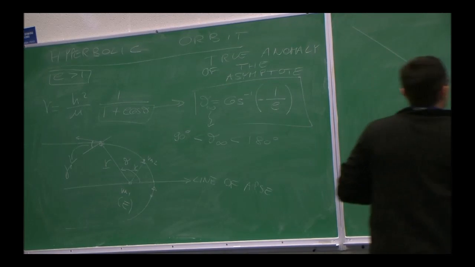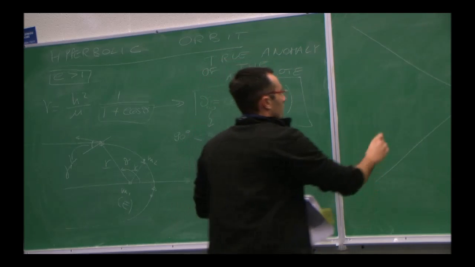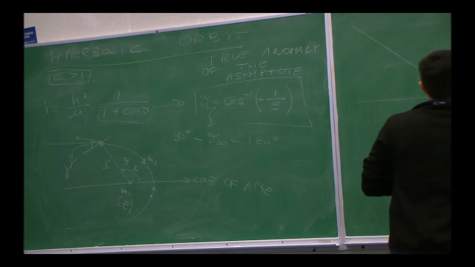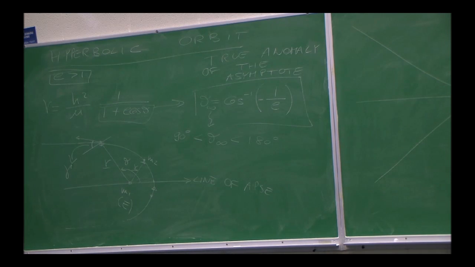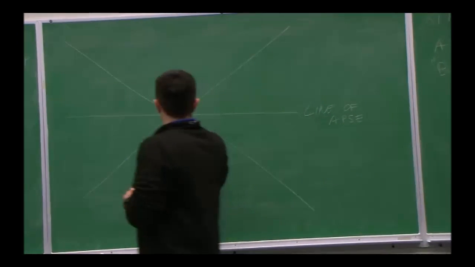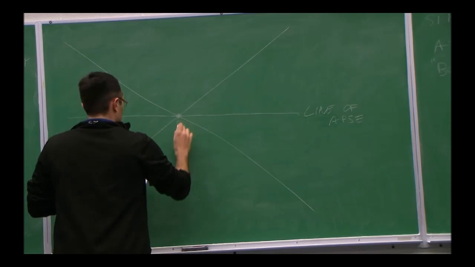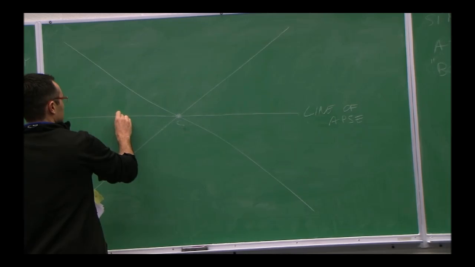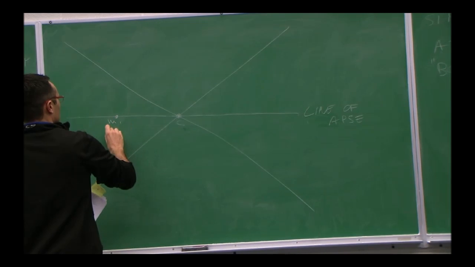So I have the two asymptotes here. This is my line of apsides. This point here in the middle, call it C. The planet is here, M1, we call that point also F. We've done the same for elliptical trajectories.